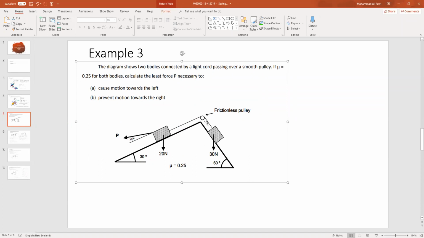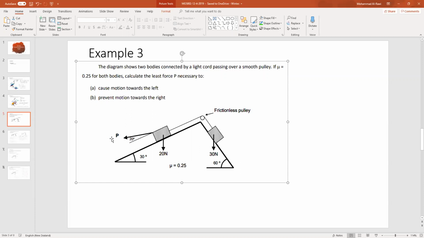If you look carefully, you have two bodies. The first one is 20 newtons, the third one 30 newtons. And the frictionless pulley, there's a tension here, there is only 30 newtons, friction force here, normal force here, the direction of the motion, so cause motion towards the left.